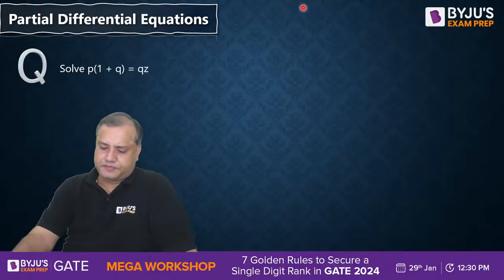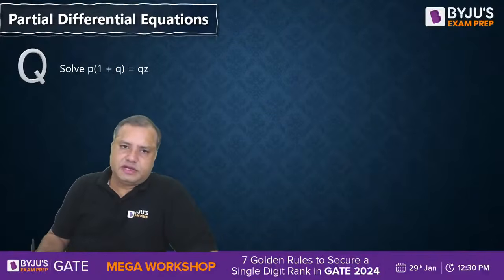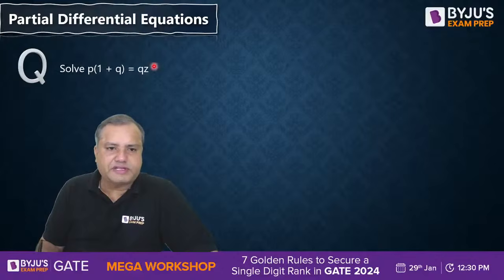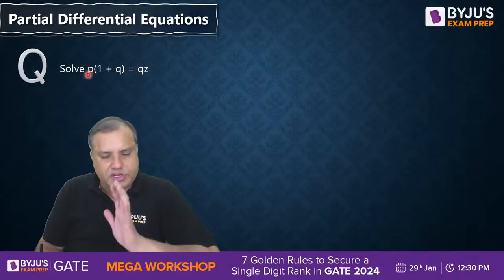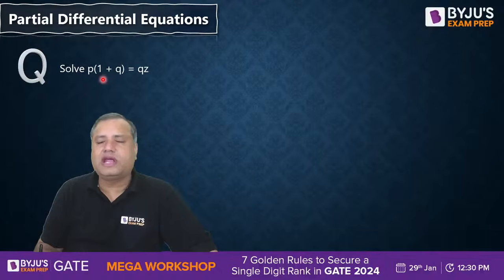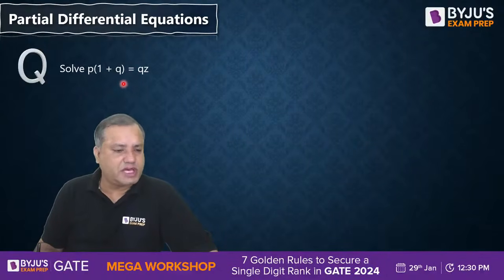Now see here, students, in this differential equation you have P, Q and Z. Listen carefully. As far as derivative terms are concerned, only first order derivatives are there. This is a first order equation.